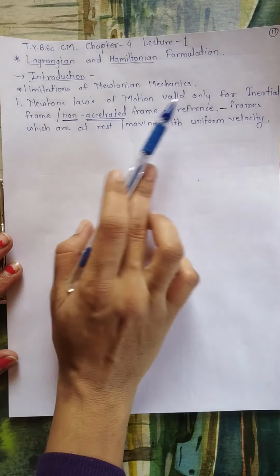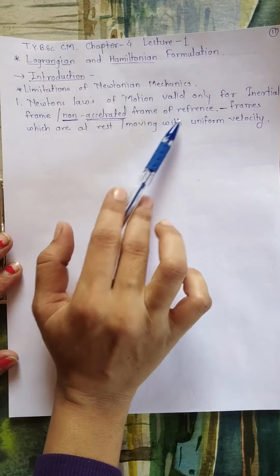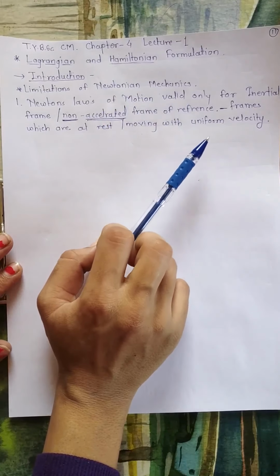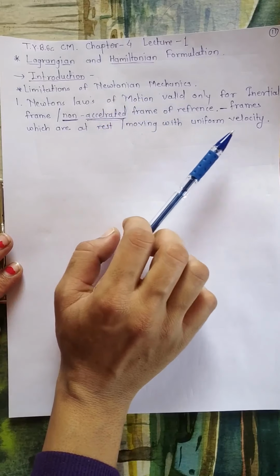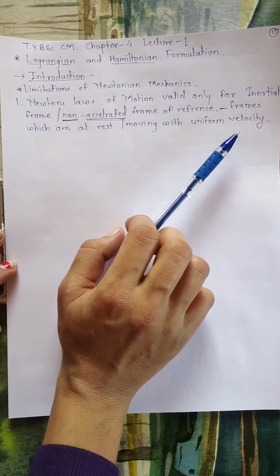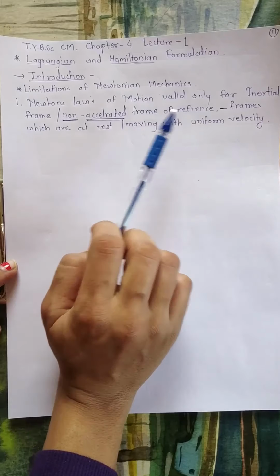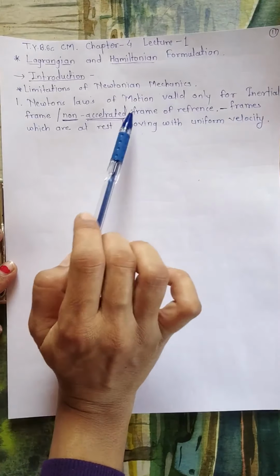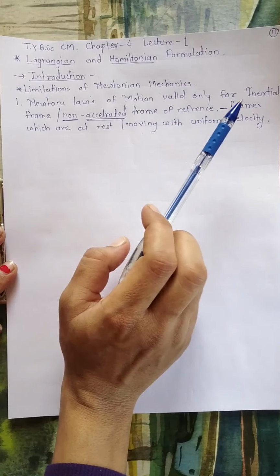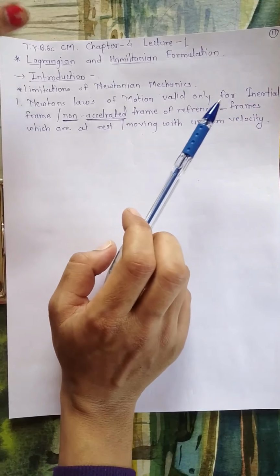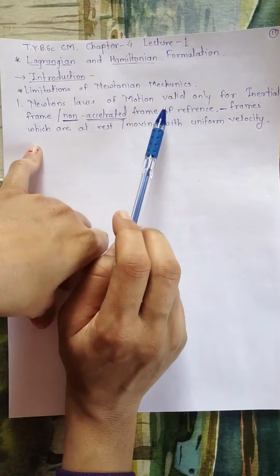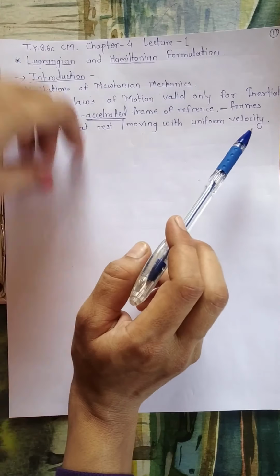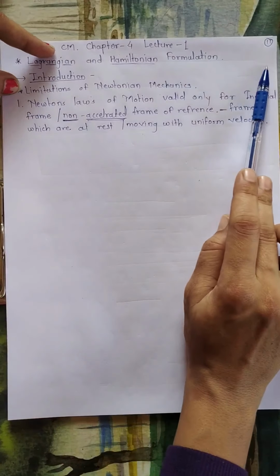These laws are valid only for the inertial or non-accelerated frame, meaning frames which are at rest or moving with constant velocity. The other frame of reference is the non-inertial or accelerated frame. Now it is clear from this definition what the meaning of a non-inertial or accelerated frame is.